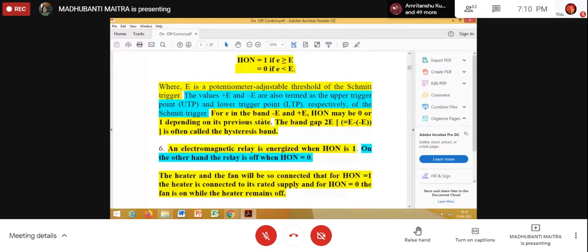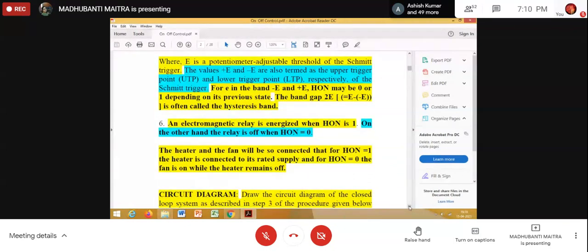This is important: for E in the band minus E to plus E, the output may be 0 or 1 depending on its previous state. Now this band gap 2E, that means E minus minus E, is called the hysteresis band.